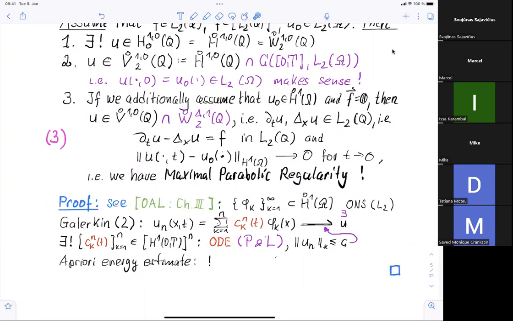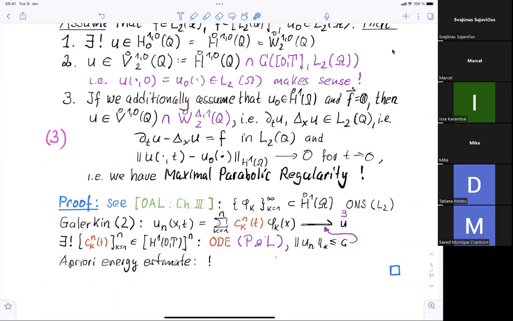Then we look for the solution in the form of a linear combination with coefficients depending on t. When this is inserted in the variational formulation above in 2, you get an ODE system in order to define these coefficients.